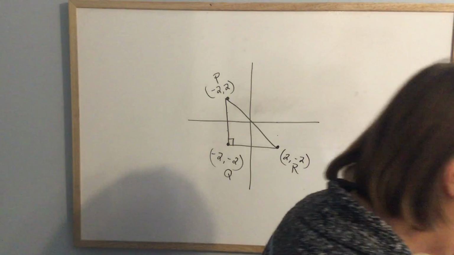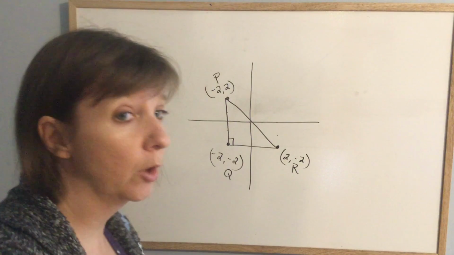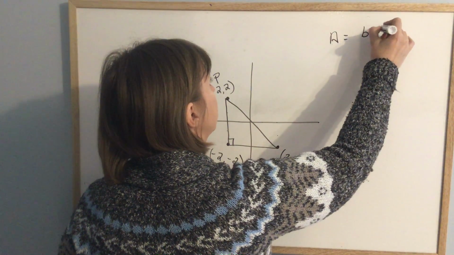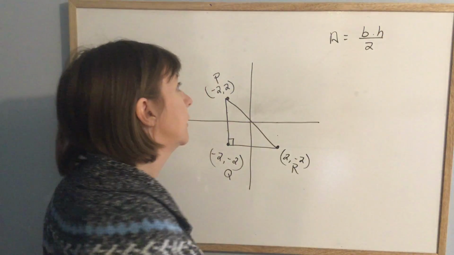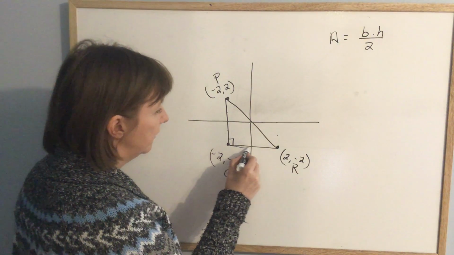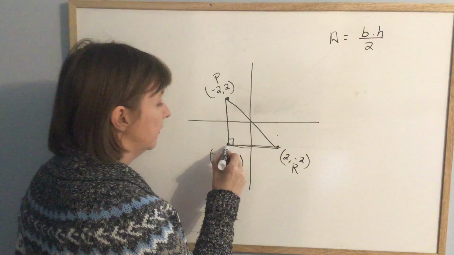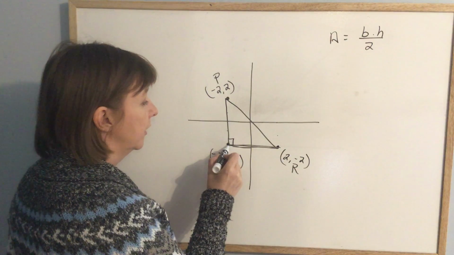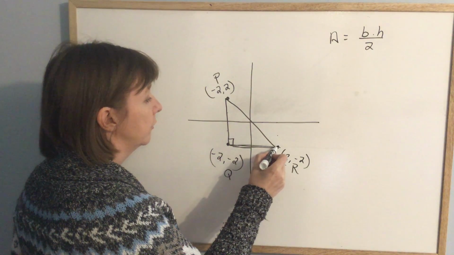Now, it says calculate the area. So we're going back a chapter. Area of a triangle is base times height divided by 2. So here's the base. All you have to do is figure out how many squares across that is. To go from negative 2 to 2, that is 1, 2, 3, 4.